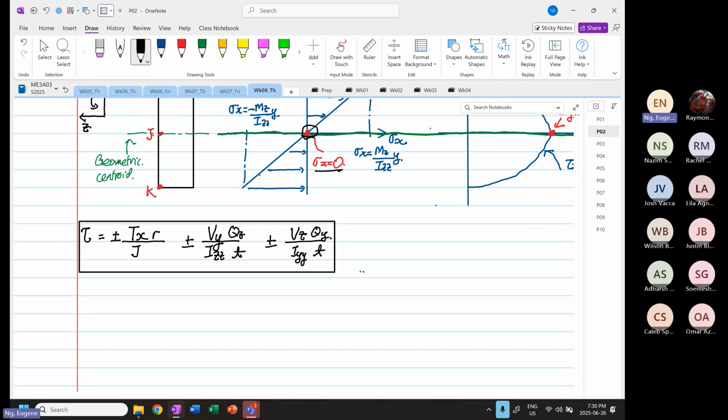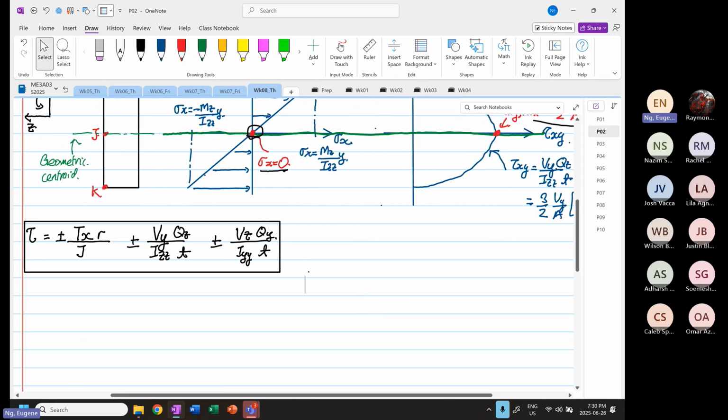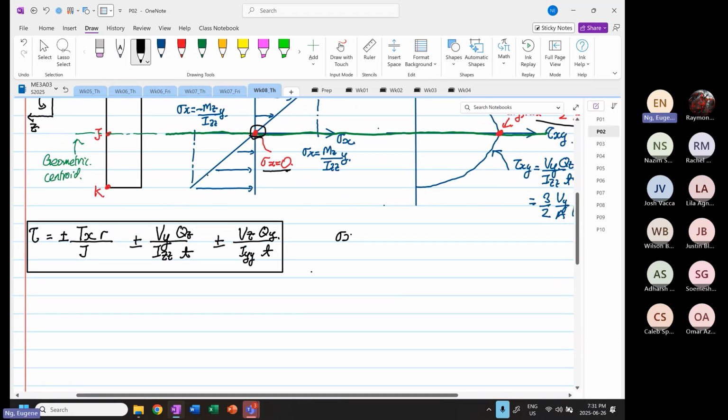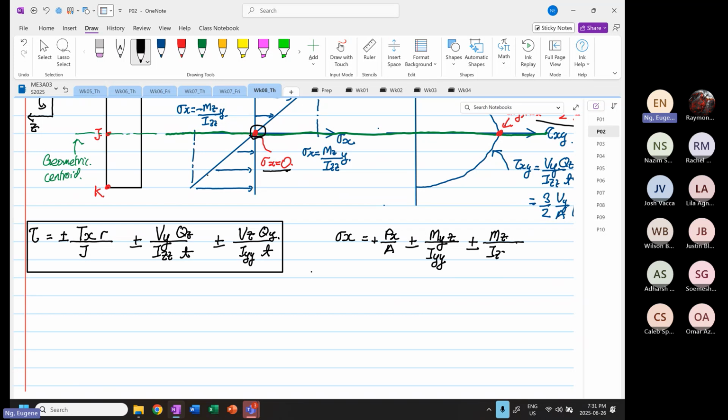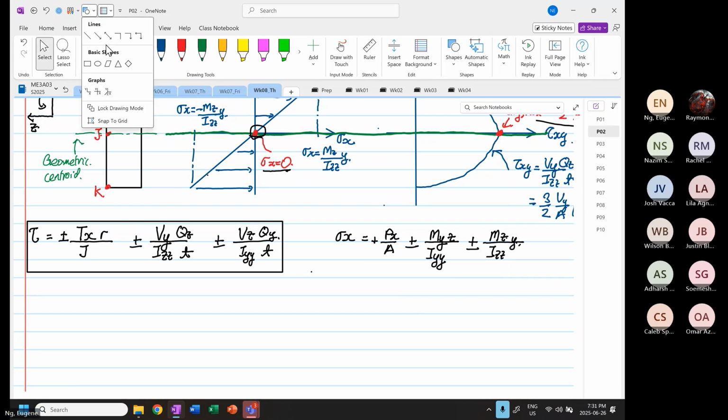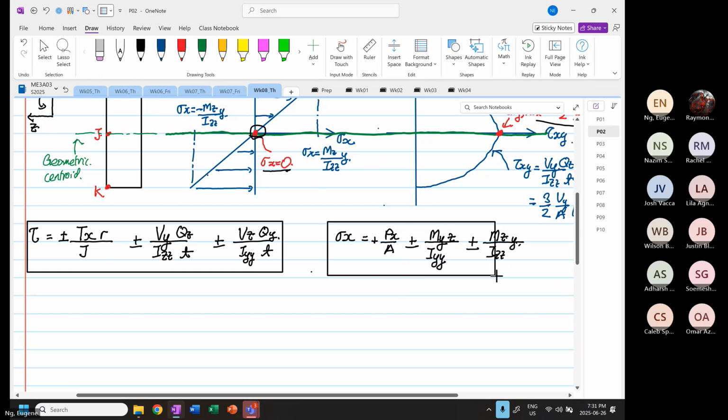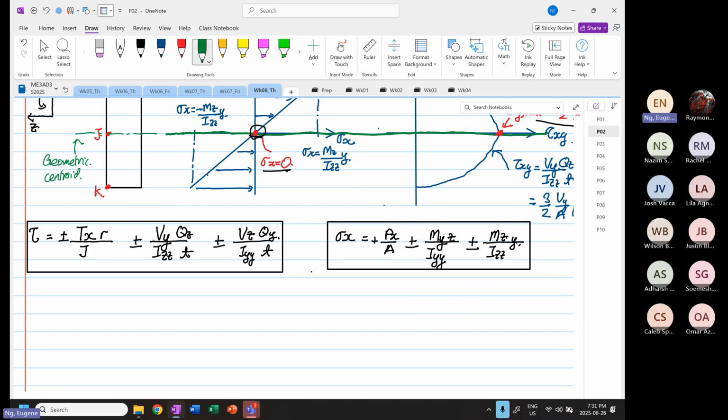There's one thing I want you to look at and compare. If we have a formula for stress X, this will be equal to plus minus Px over A, plus minus, when the moment is about Y, you divide by Iyy multiplied by Z, plus minus, when the moment is about the Z axis, Izz multiplied by Y. In terms of shearing stress, when it's Vy, we use Izz.